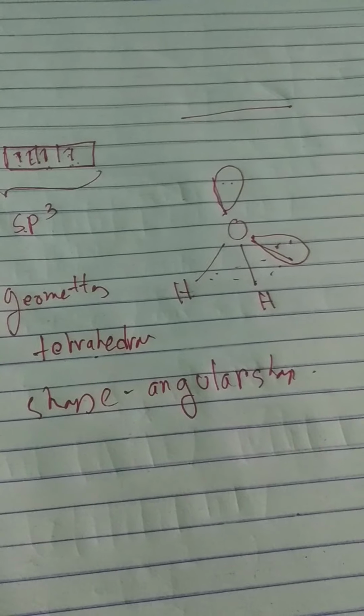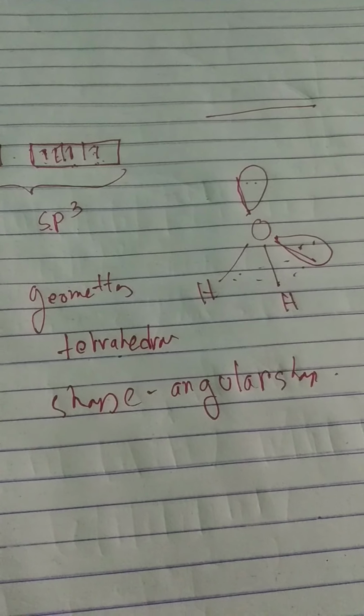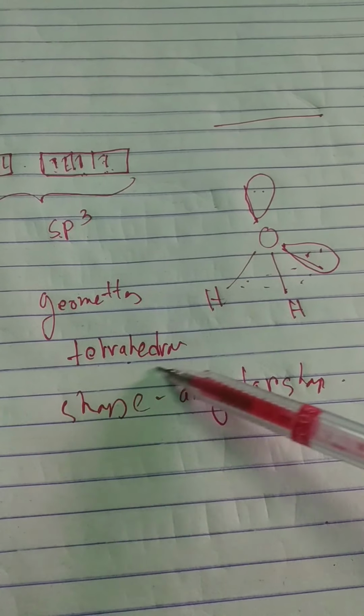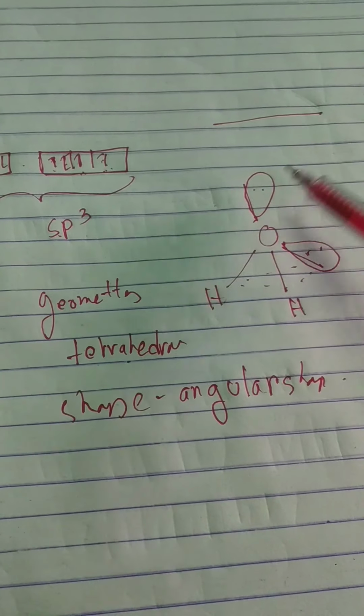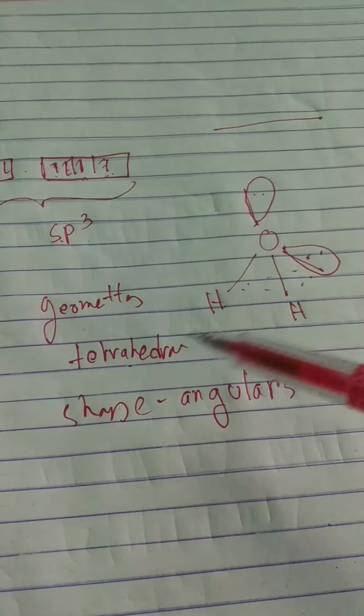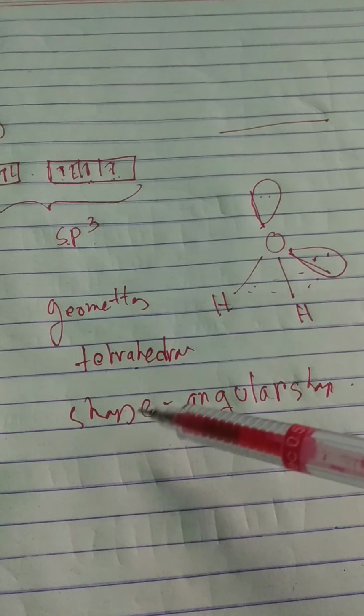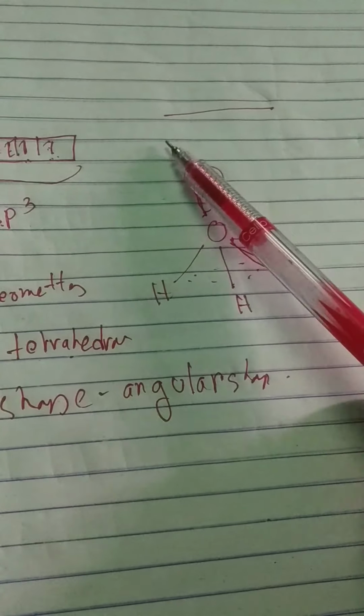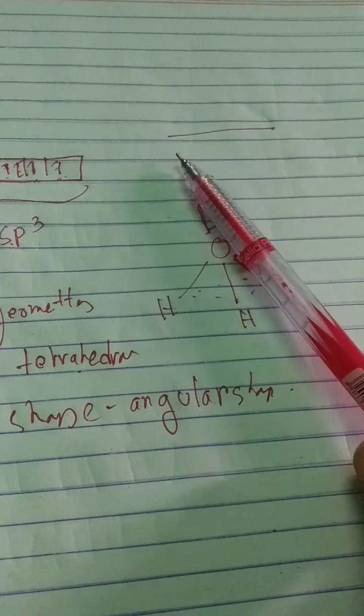According to that, if lone pairs are present in your molecule, the normal geometry is the actual frame, but for the shape you have to omit the lone pair and see the structure.